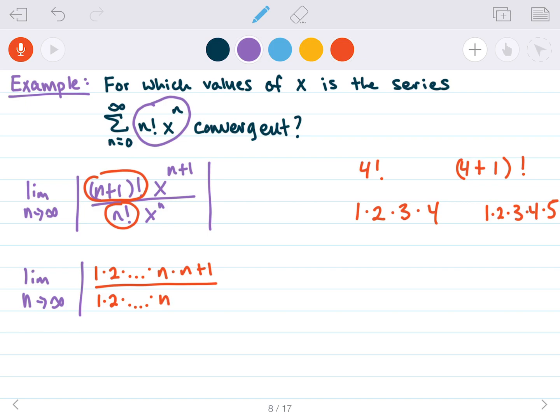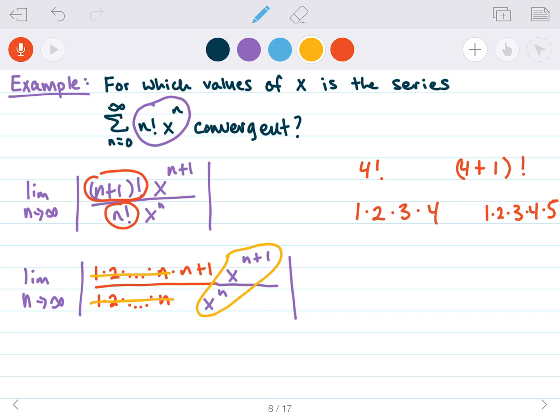And then we still have this other business. We have x to the n plus 1 on top and x to the n on bottom. Now what's awesome here is this cancels with this, and I'm simply left with n plus 1 on top. And what happens with this business?